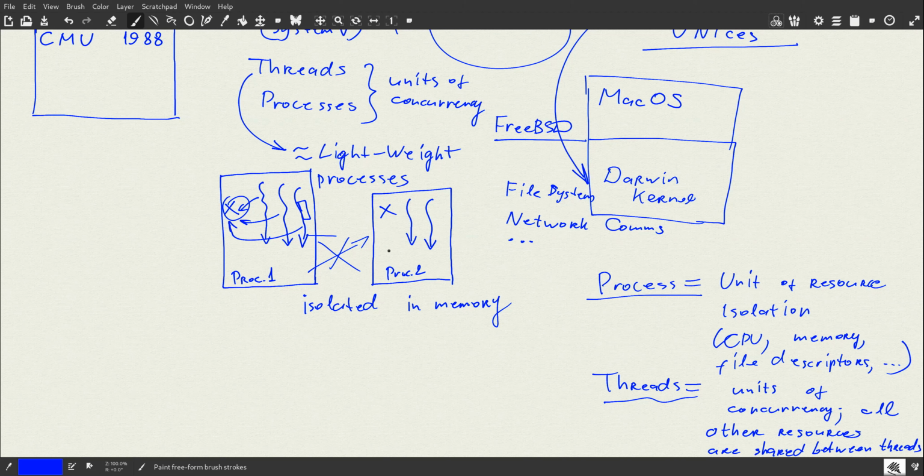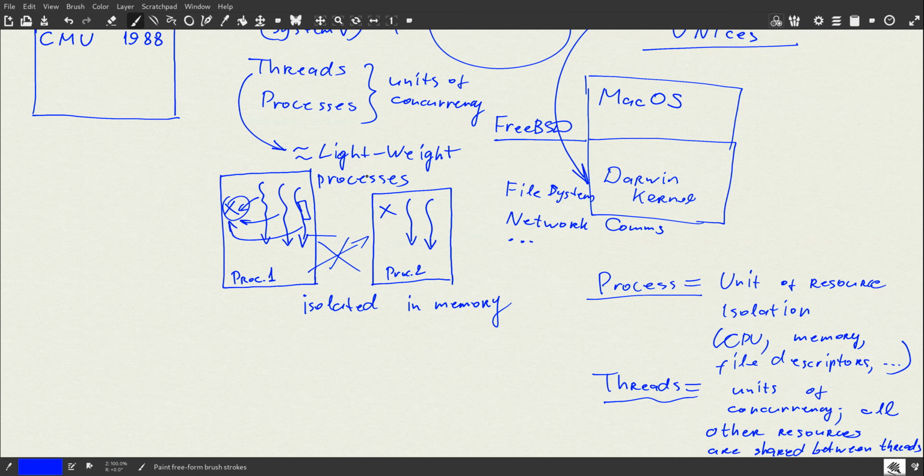But on the other hand, creating threads is typically a less costly operation. You can typically create a large number of threads. They're reasonably lightweight, so that really multiple threads can coexist within your application.